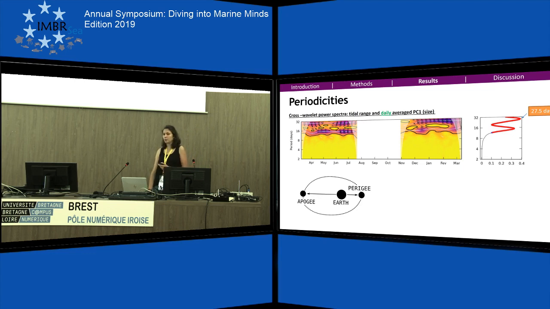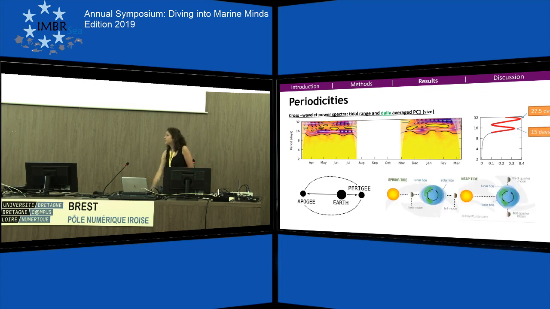And this peak actually corresponds to the perigee-apogee cycle of the moon. The perigee is when the moon is closest to the Earth, and the apogee is when it's the furthest from the Earth. When it's closest, that means the tides are more important, both lower tide and high tide. The second peak corresponds to the 15-day cycle, and it's the spring-neap tide cycle that we're more accustomed to.